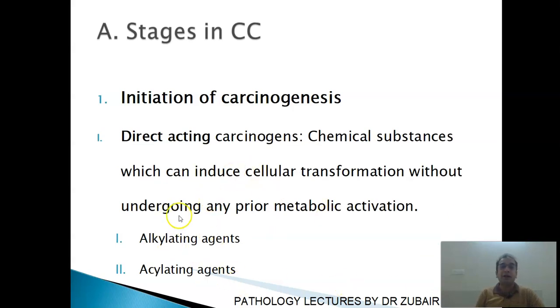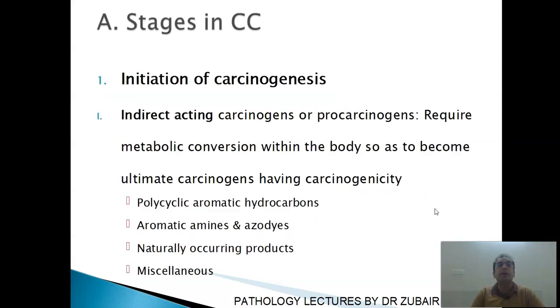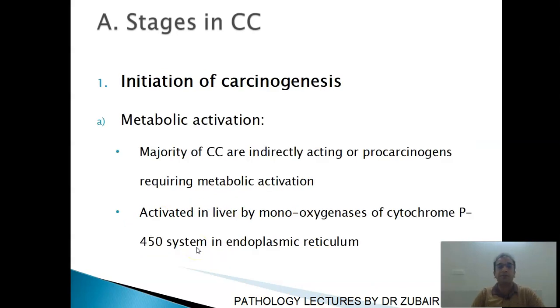In them we have the alkylating agents and the acylating agents. These cause cellular transformation without any prior metabolic activation. The indirect acting carcinogens or procarcinogens require metabolic conversion, and among the prototypes we have polycyclic aromatic hydrocarbons, aromatic amines and azo dyes, naturally occurring products and miscellaneous.